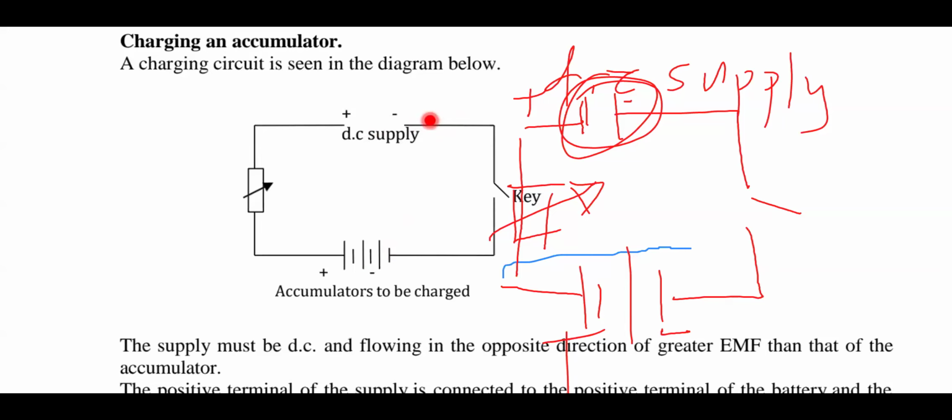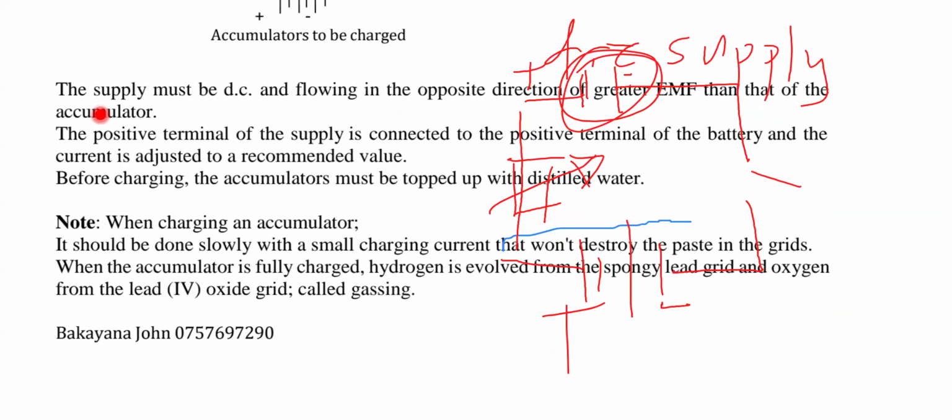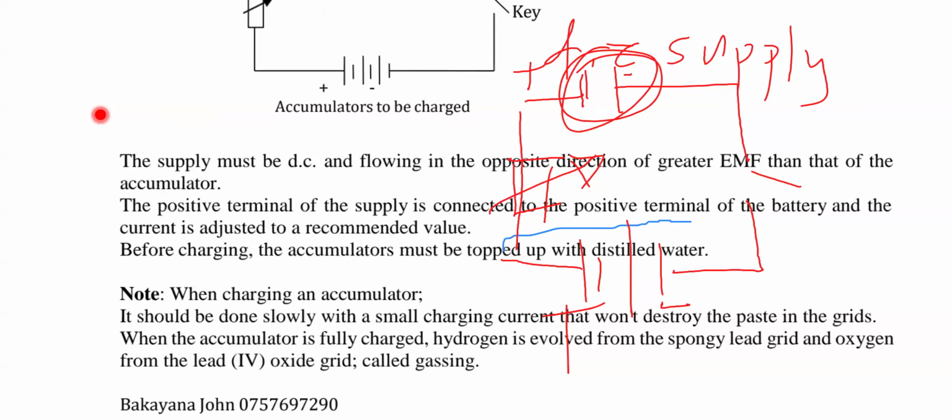After connecting the positive terminal to the positive terminal of the accumulator and the negative terminal to the negative terminal, what happens next?